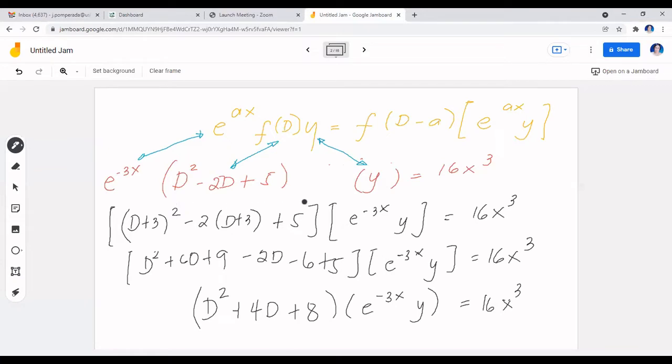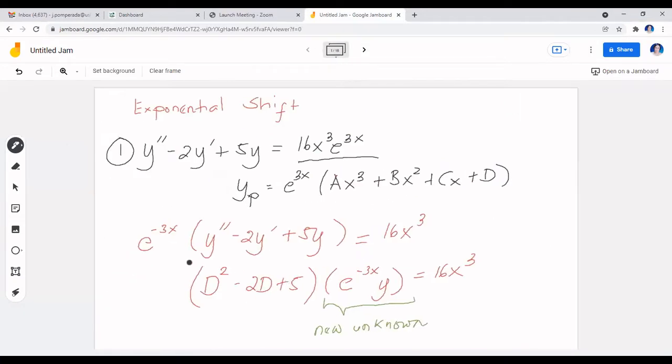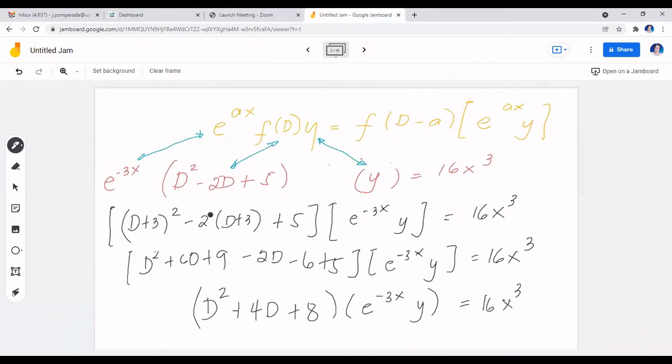If we're going to apply this principle in this particular equation that we have here, so we can use exponential shift, then what will happen is all the D's that you see here would be now D minus 3. Okay, your a is minus 3. So that is why you're seeing here a plus 3. So that would be D plus 3 here again, and you have here a 5.